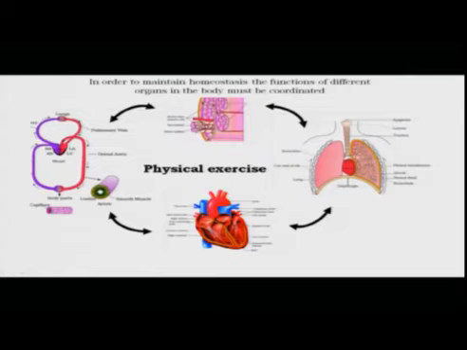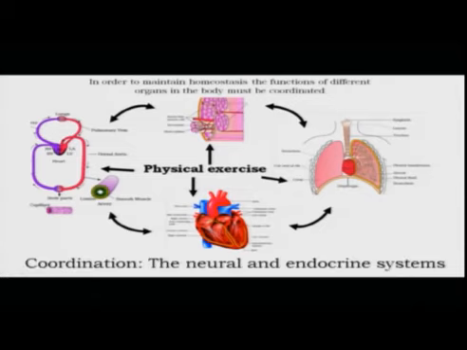So, physical exercise involves the coordination between all these various systems in the body: the respiratory system, the cardiovascular system, and the muscular system. This was an example of how coordination between different organs is required for any activity performed by the human body. Now, what regulates this?